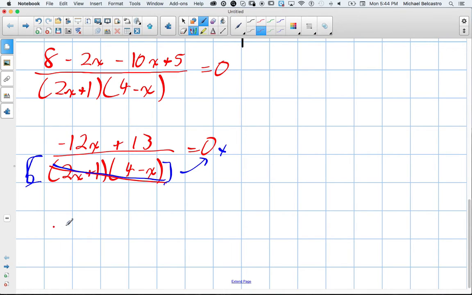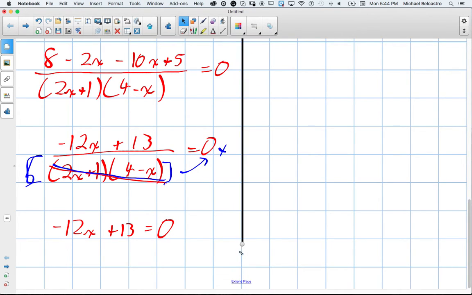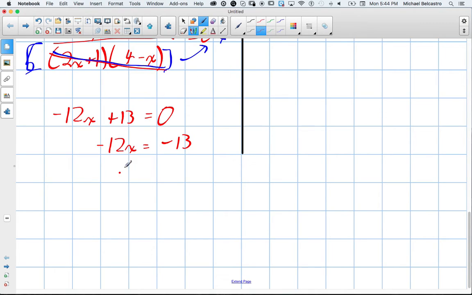So now I'm left with negative 12x plus 13 equals 0. Much simpler to solve, right? This is easy, this is wonderful stuff. Let's go about solving it. This will become negative 12x equals negative 13. We end up with x is equal to negative divided by negative is positive, so 13 over 12 is our answer.